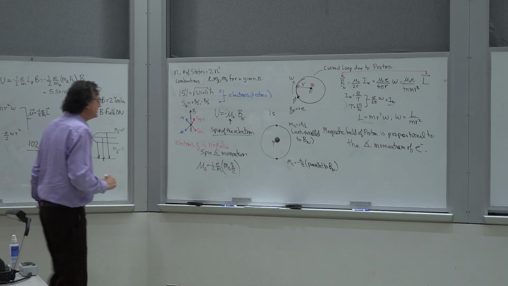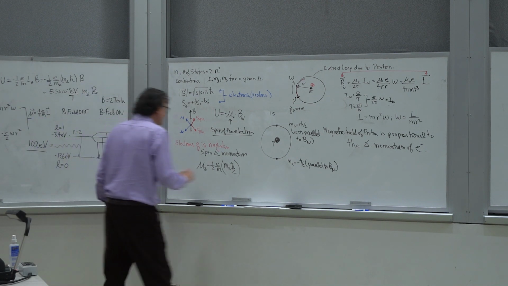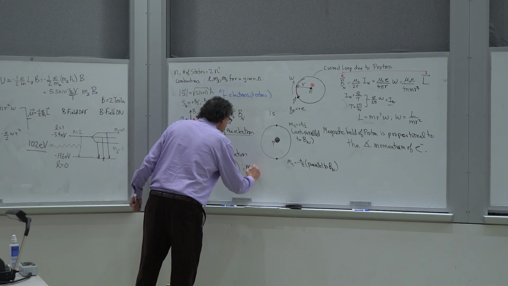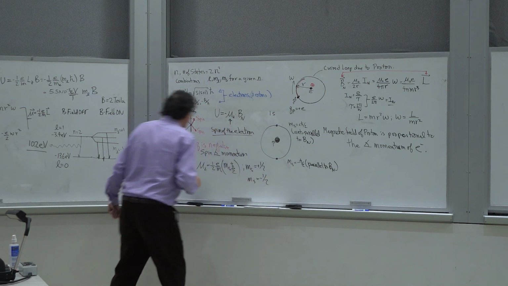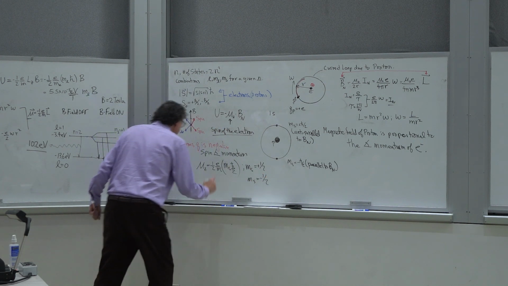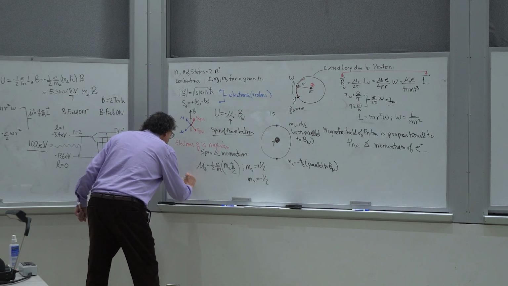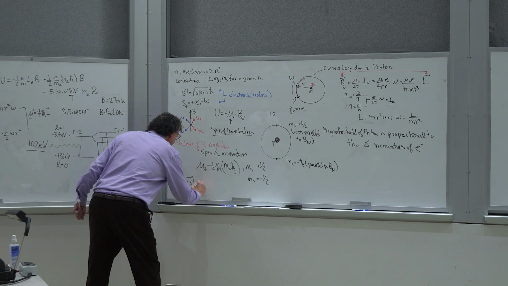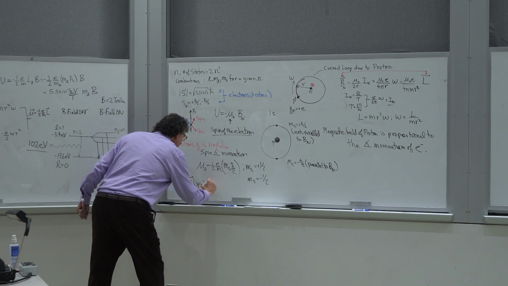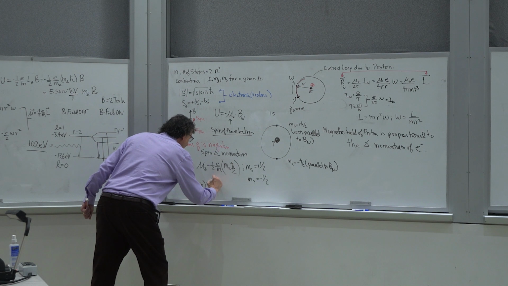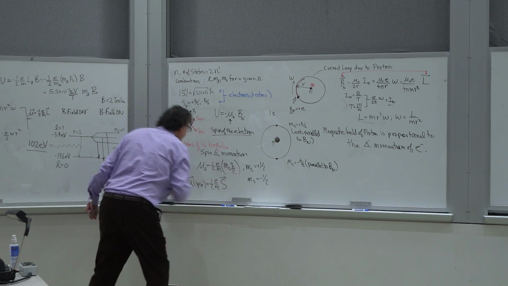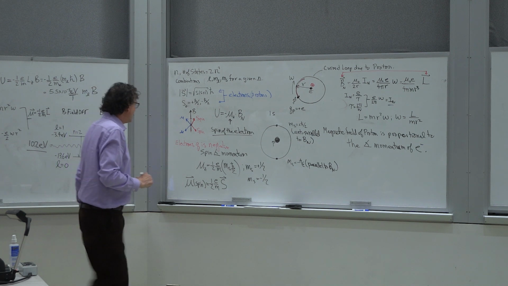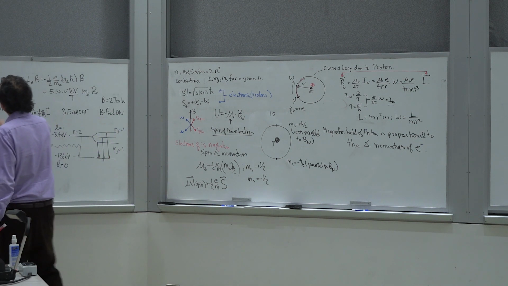Okay? And m sub s can be equal to plus 1/2, or m sub s can be equal to minus 1/2. And this is also written in vector form, that mu due to spin is equal to 1/2 e over m times s vector spin. Right? Whereas with orbital angular momentum, it's the same equation.